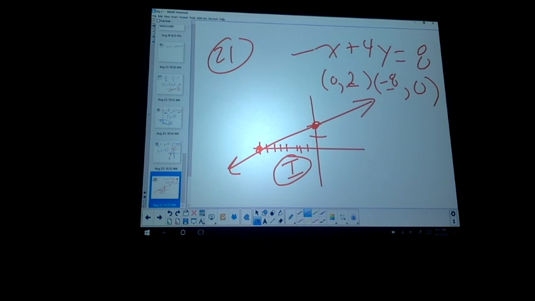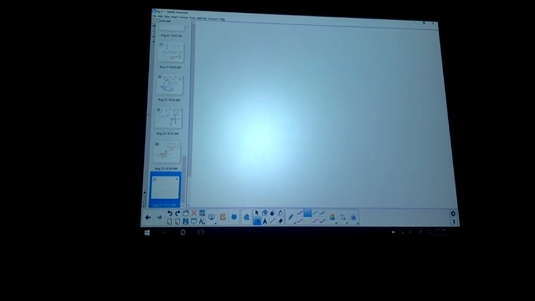Anything else? Yeah. 15. This one's set up in standard form as well, even though we have a fraction, so I'm going to go 0, comma blank, blank, comma 0.